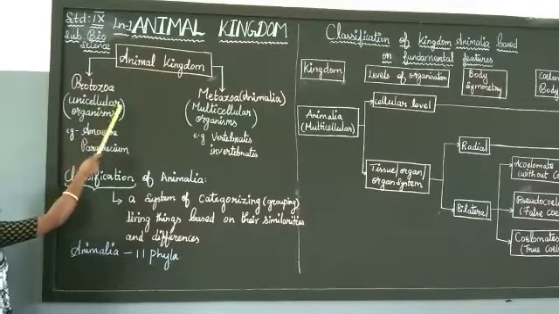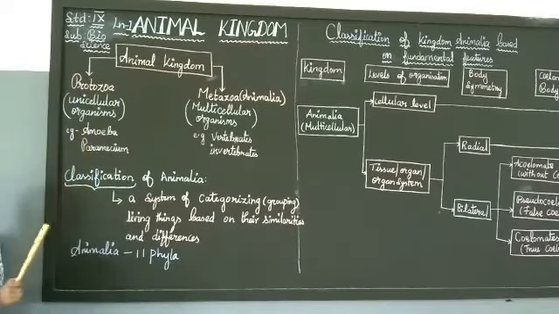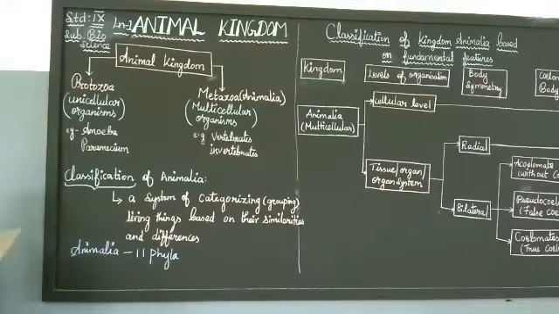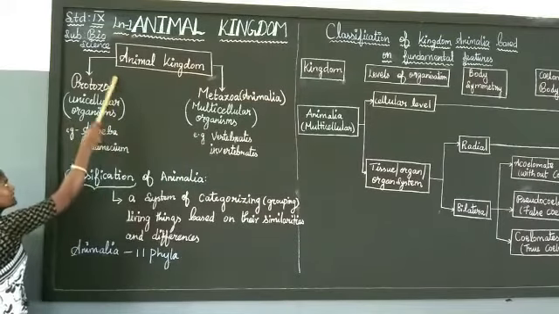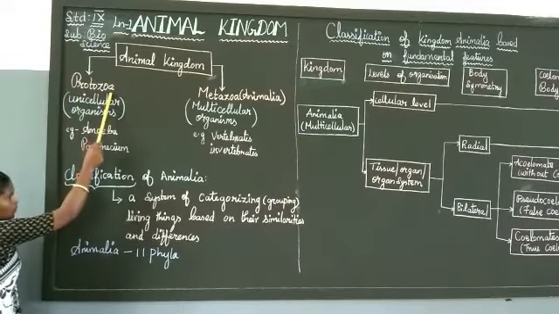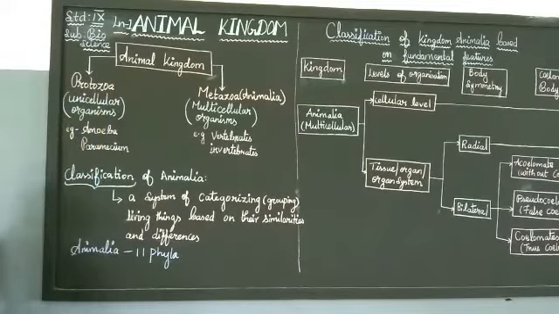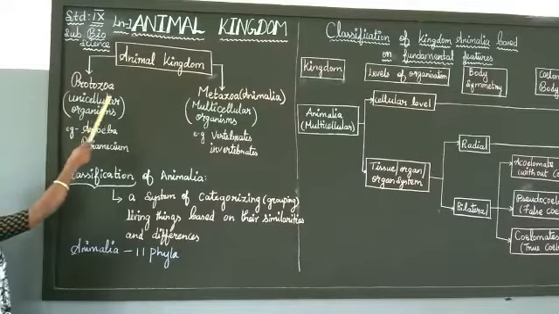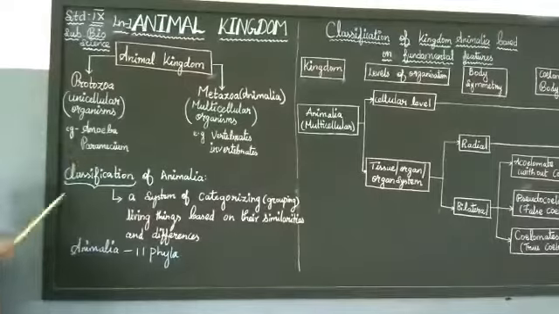Protozoa is a unicellular organism. Uni means single-celled organism. All single-celled organisms are included in this division protozoa. I will give you an example.